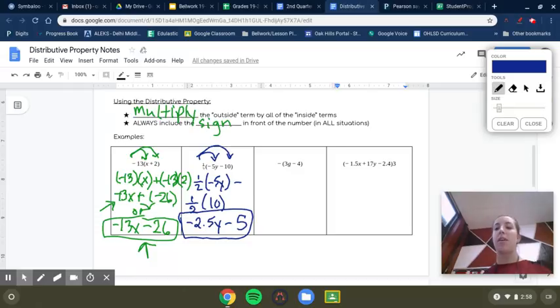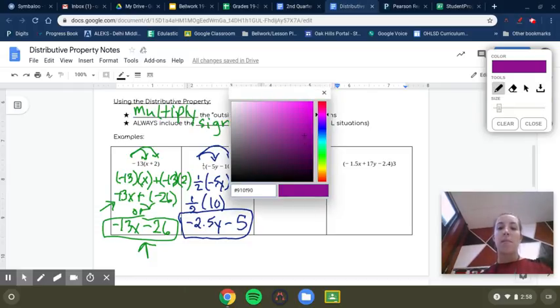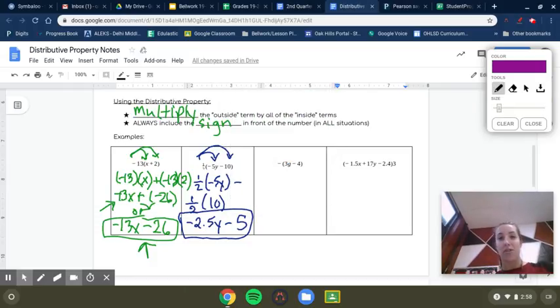All right. Then if you look at the next problem, this is where the mathematicians get very lazy again. There's a negative sign in front, but there's not a number. Usually that means it's just the number 1. So it's negative 1 times 3g minus negative 1 times 4.